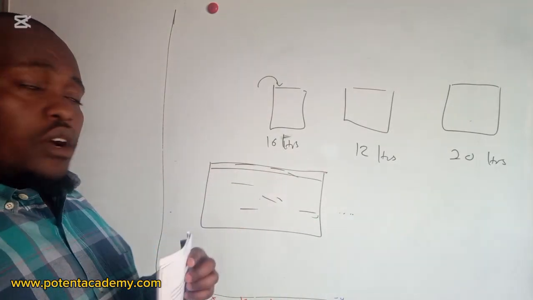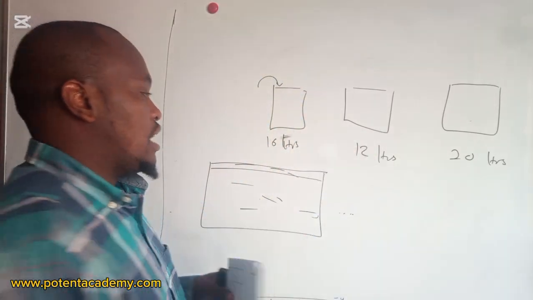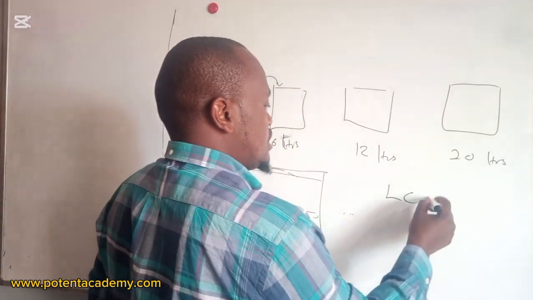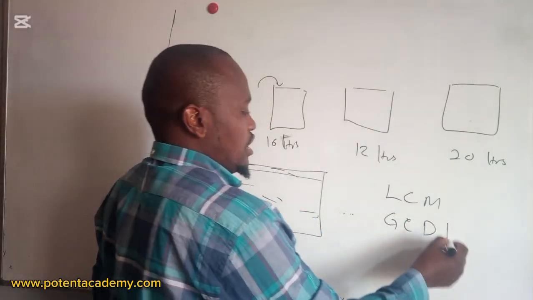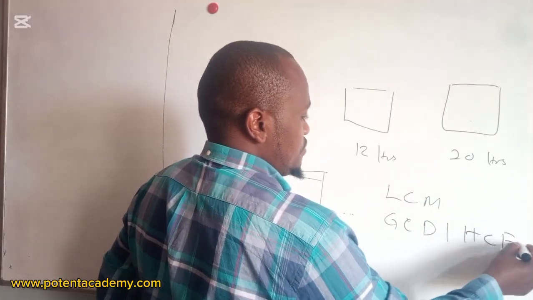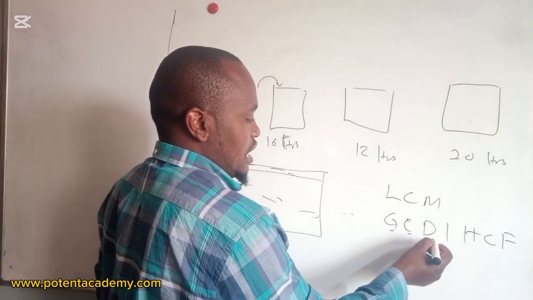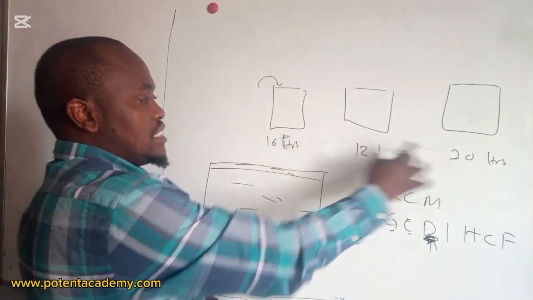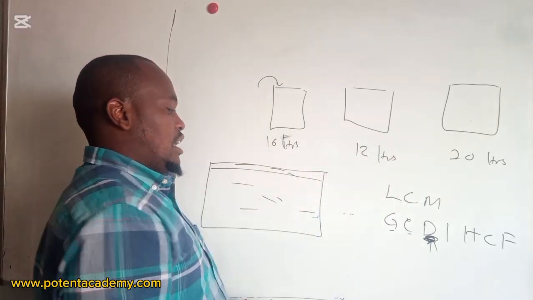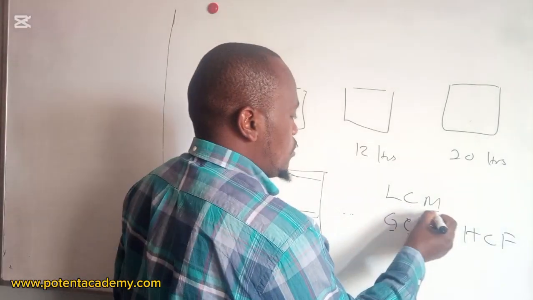Now, the idea is that you want to find a larger number than this. I know you have the idea of either LCM or GCD. GCD or HCF is the greatest common divisor. It divides, so it is a smaller number. GCD is smaller, and we are looking for a larger amount, which is the least common multiple.